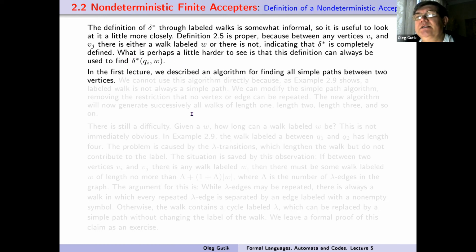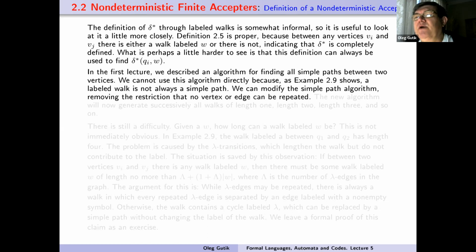In the first lecture we described an algorithm for finding all simple paths between two vertices. We cannot use this algorithm directly because, as example 2.9 shows, a labeled walk is not always a simple path.